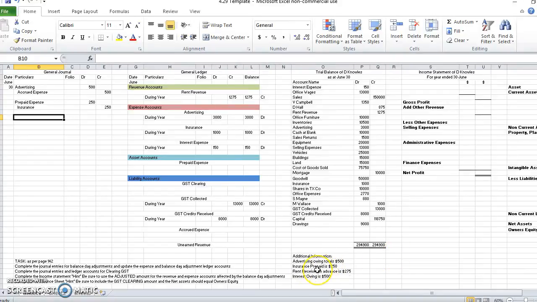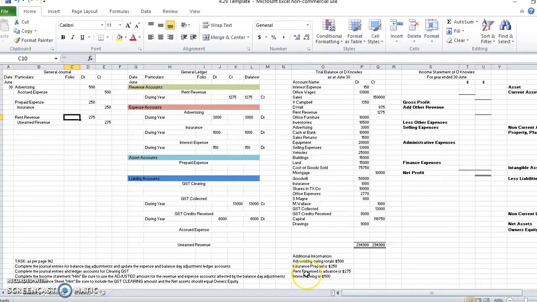So it's unearned revenue. We know unearned revenue is a liability. And this one's $275. The other account will be rent revenue as per our chart of accounts, as per our trial balance.